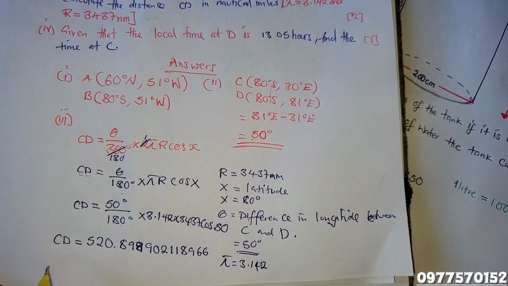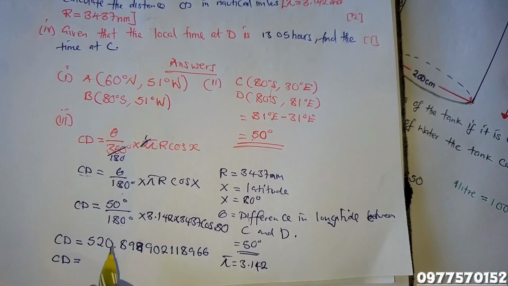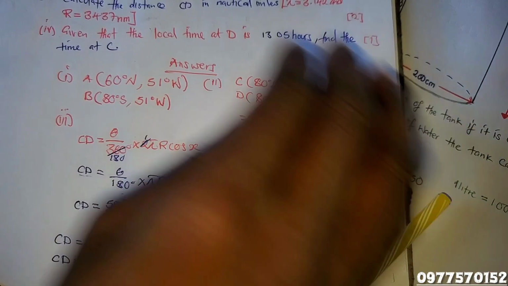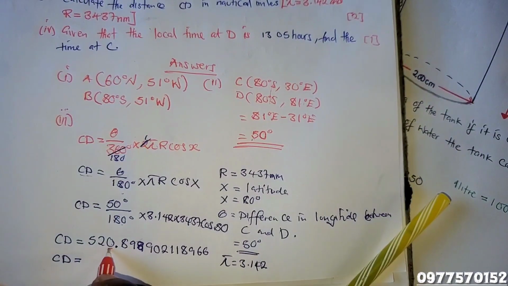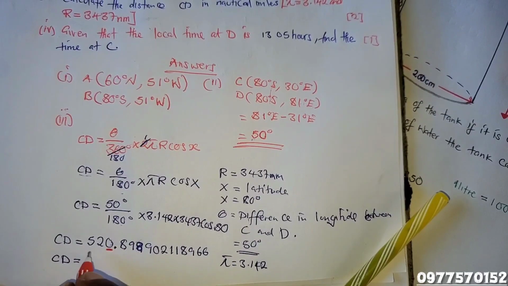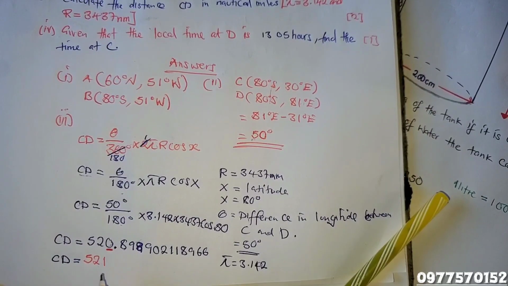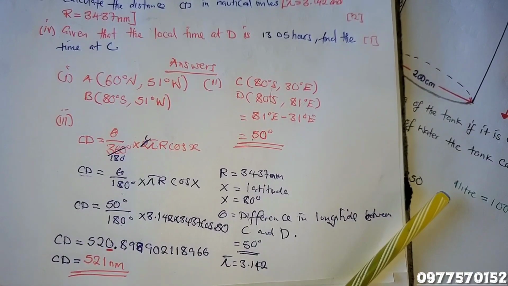So the ECZ exam states that if the answer is not exact and it's not in degrees, we should leave our answer correct to 3 significant figures. So we have 1, 2, 3. Then after this 0 here, this is the third significant figure, and then after this one, there is 8. So 8 is greater than 5, meaning we're going to add 1 to this 0 and it becomes 1. So it will be 521. What are the units? In nautical miles. So this is the answer.